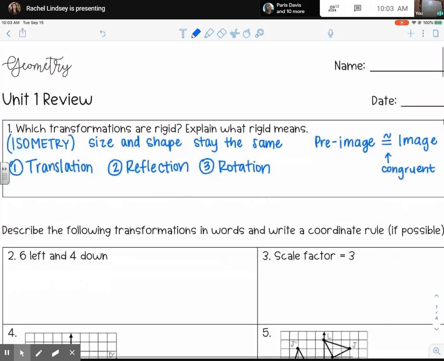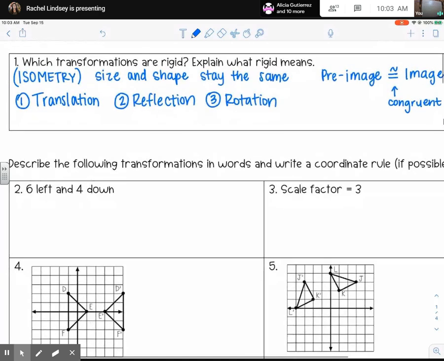Okay, now on the second part, it says describe the following transformations in words and write a coordinate rule if possible. So on number 2, it already is in words, but what kind of transformation is that? It's a translation. And then I need to write a coordinate rule for that.